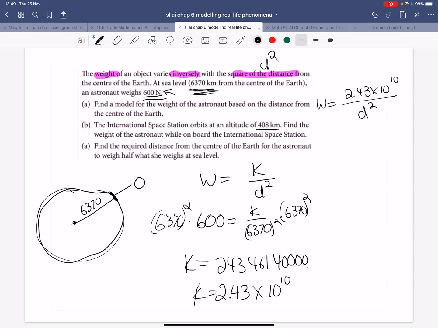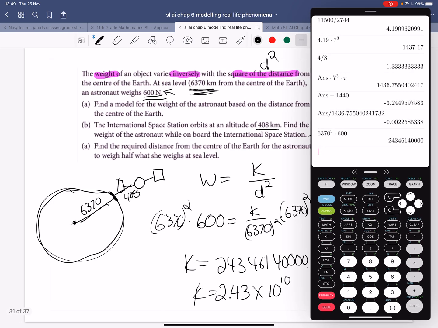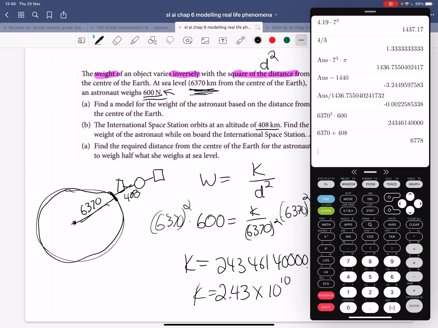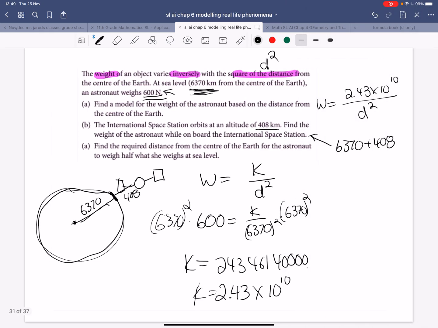The satellite is 408 kilometers up. So from the center of the Earth, this is 6,370 plus 408, which is 6778.